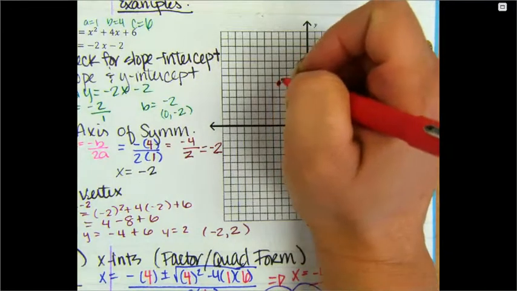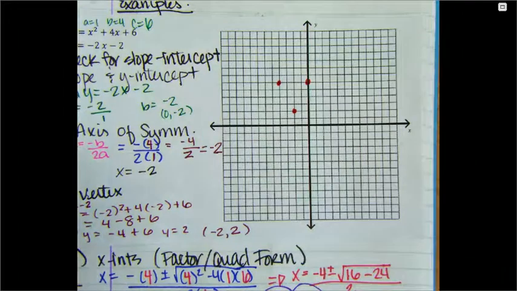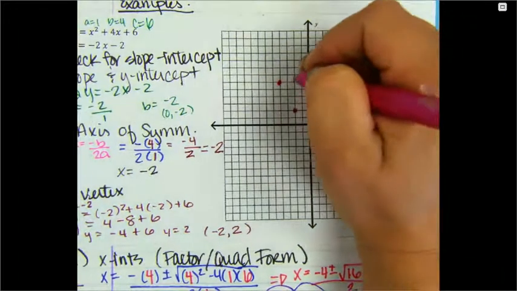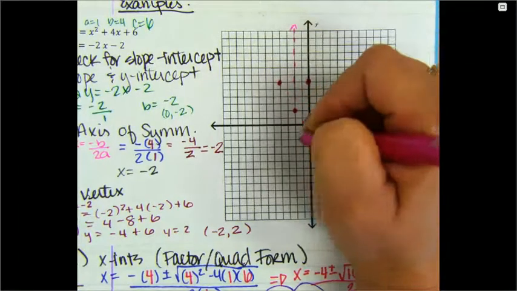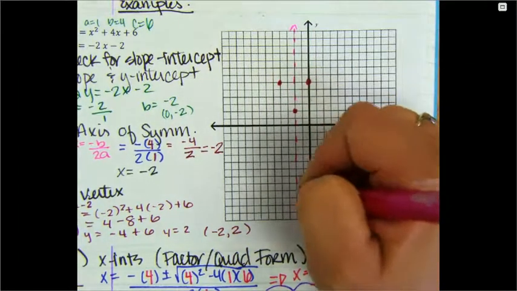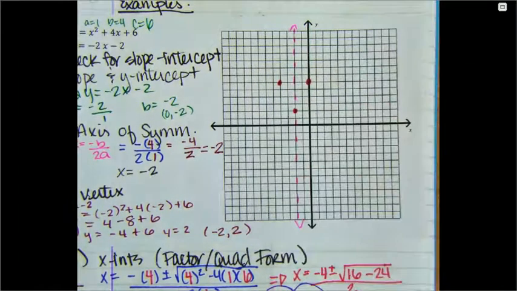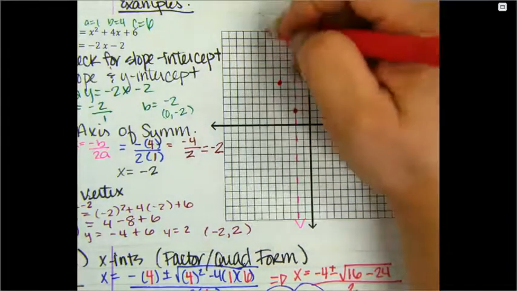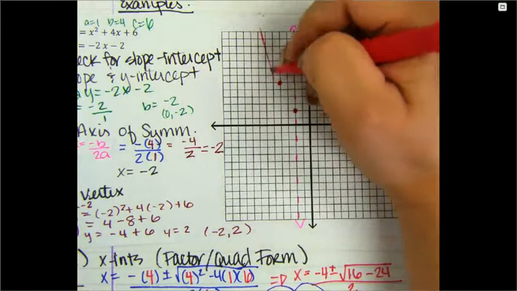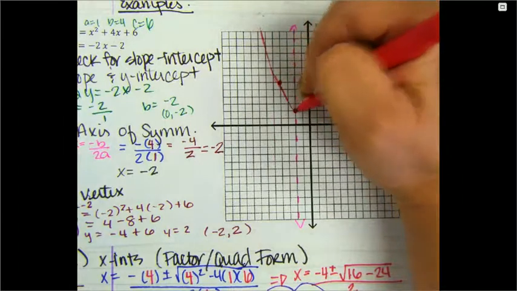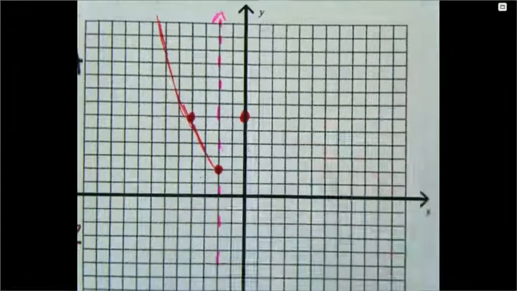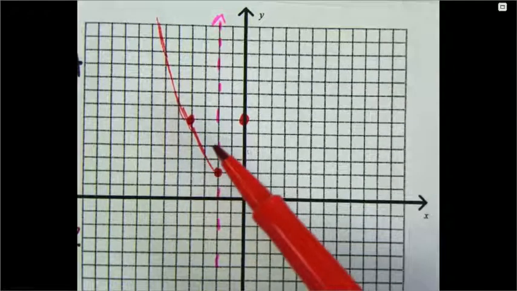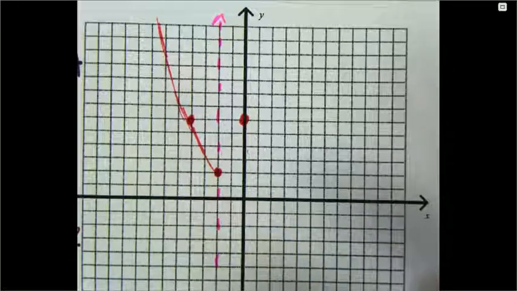Because it's symmetrical to the y-intercept across the axis of symmetry. We good? Okay. I'm going to graph this very carefully. Notice at this point, I have to zoom in for you to see. This is not on the corner. Do you see that? Okay.